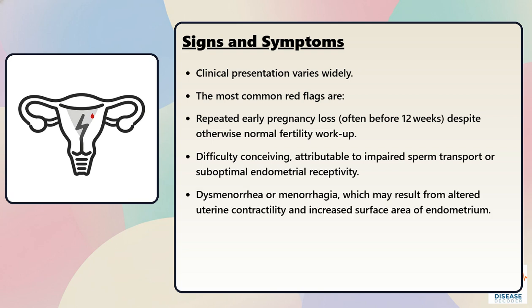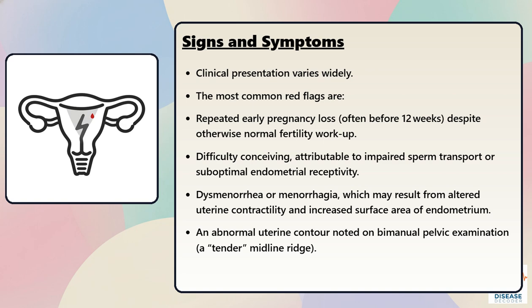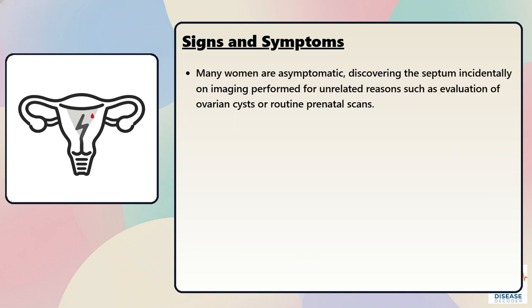Dysmenorrhea or menorrhagia, which may result from altered uterine contractility and increased surface area of endometrium. An abnormal uterine contour noted on bimanual pelvic examination. A tender midline ridge. Many women are asymptomatic, discovering the septum incidentally on imaging performed for unrelated reasons, such as evaluation of ovarian cysts or routine prenatal scans.